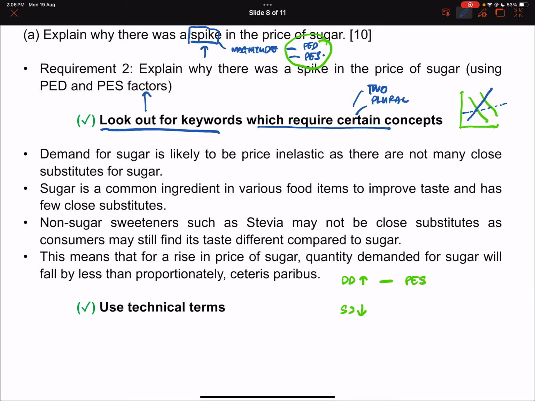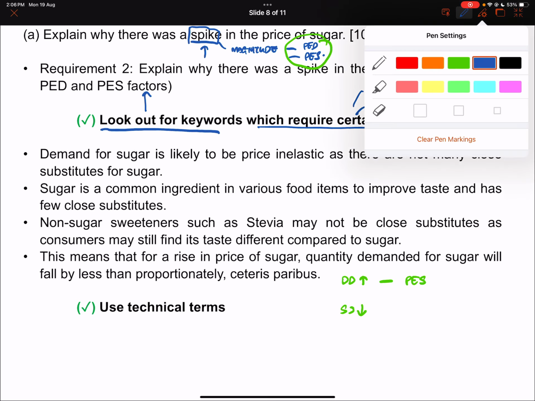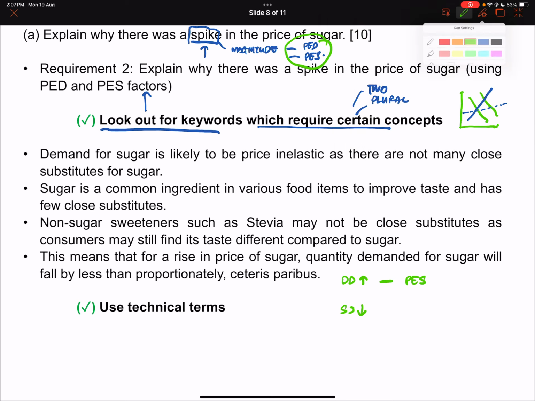Again, when demand changes, or even supply, it's always the slope of the opposing curve that affects how much price changes. So for demand, it will be PES, because PES is the slope of the opposing curve. And for supply, it's PED, because it's the slope of the opposing curve. So that's the first thing. You've got to identify this.